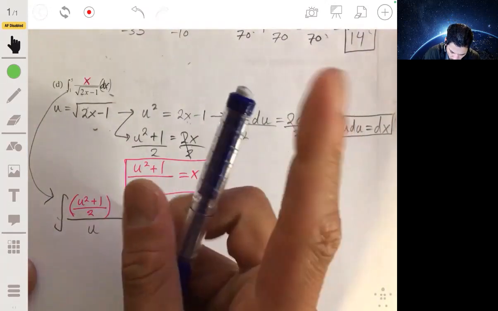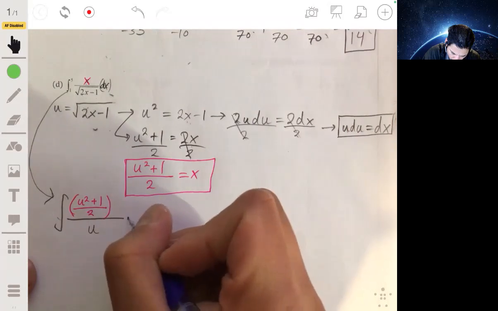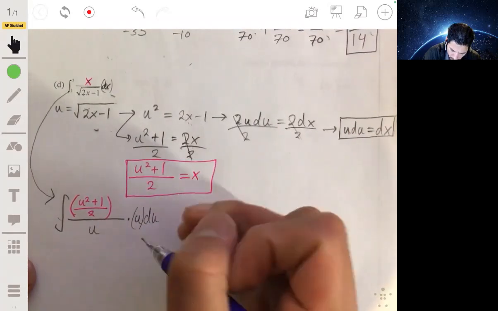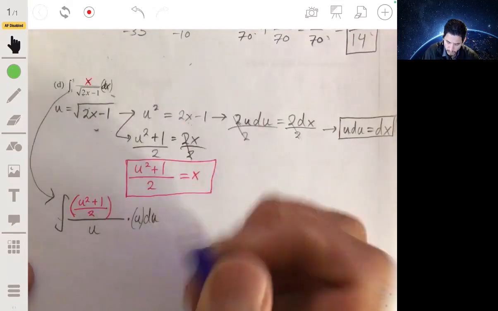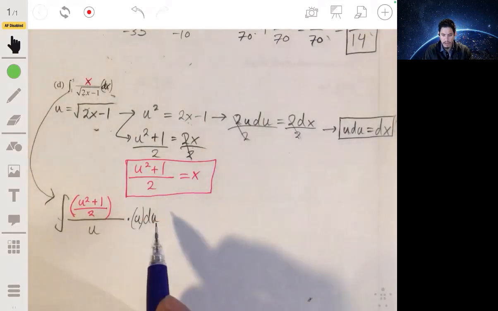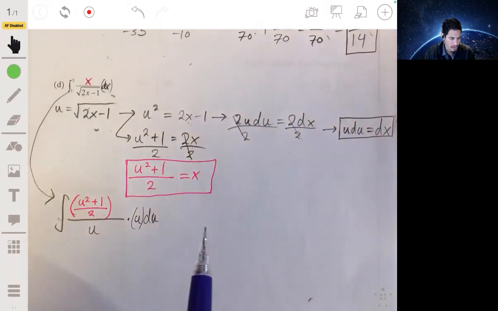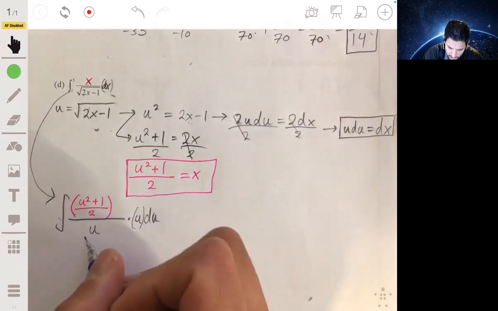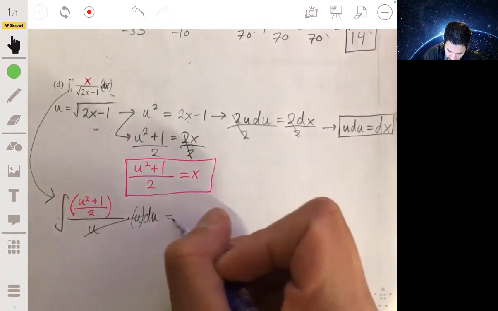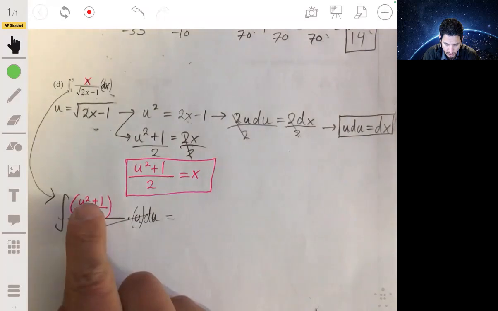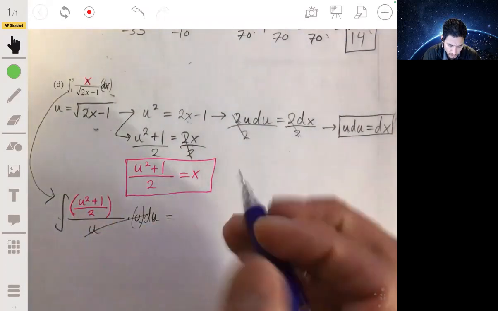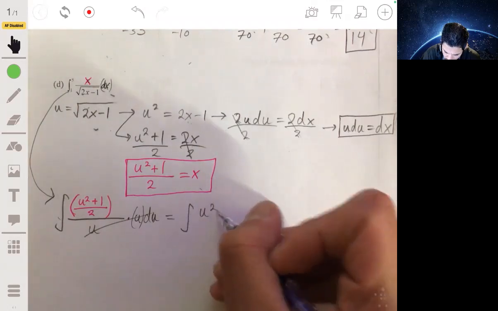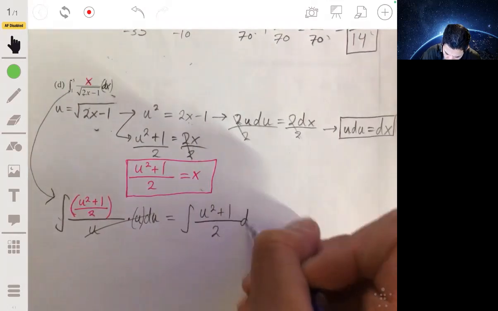This will all be multiplied by that u du. Kind of looks weird, but that's fine. Now, you're going to see these u's cancel. So let's make this now simply u squared plus 1 over 2 times du. And so that makes our integral a little easier to work with.